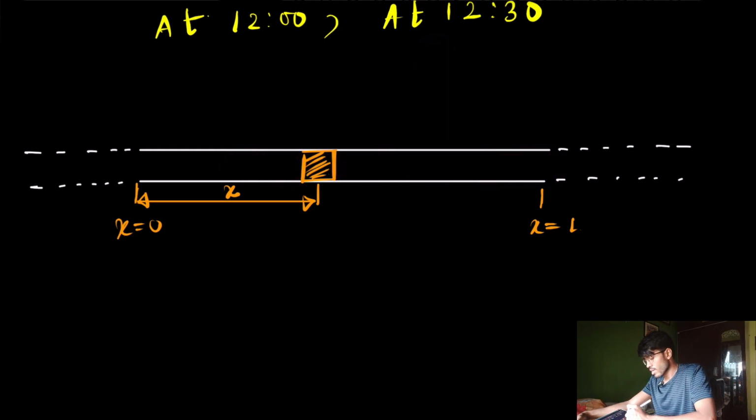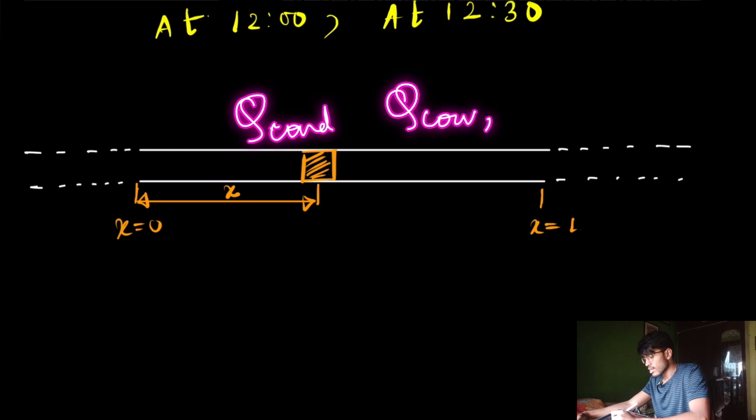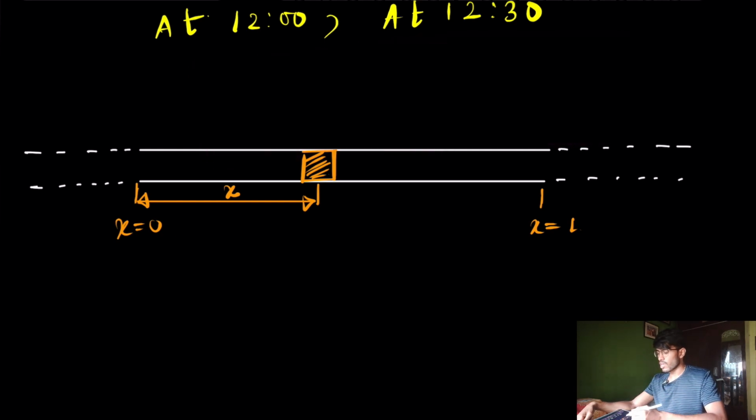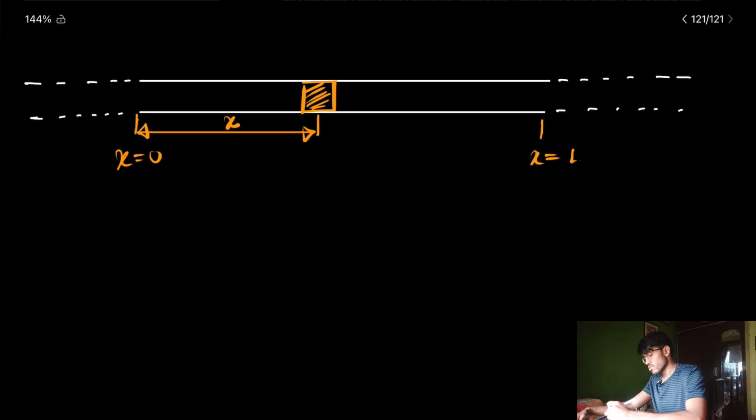There is convection and there is energy flow because of the flow of the rod. So q conduction, q convection, and q flow, because I cannot call it convection, it is actually q flow. So this is my delta x.